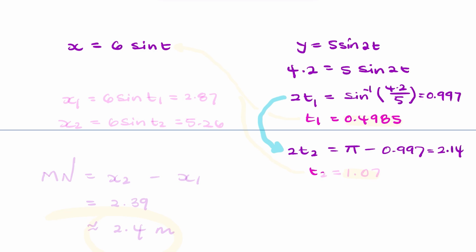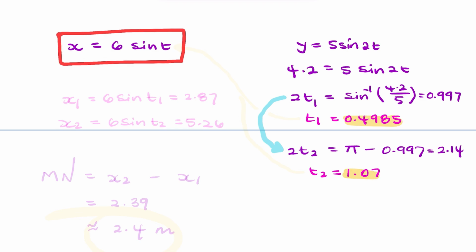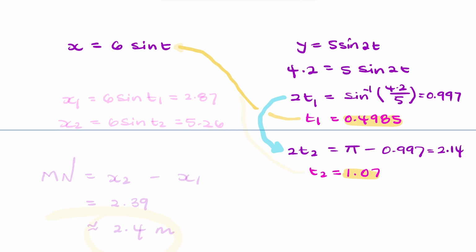And t2 will be, I guess, 1.07. So now you know t1 and t2. We can use these to find the value of x1 and x2, because these values can then be substituted directly into our expression for x.